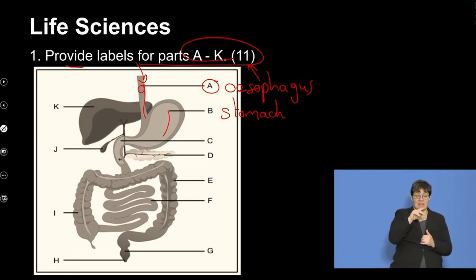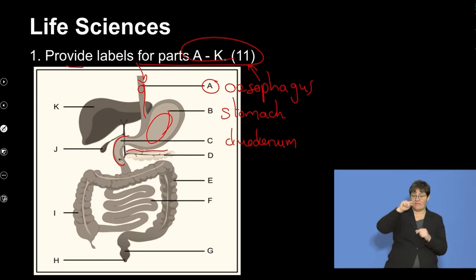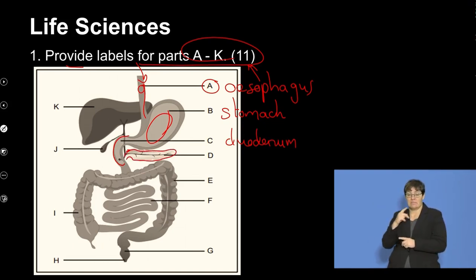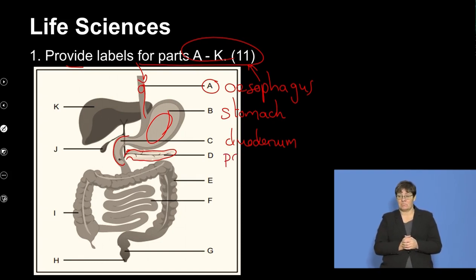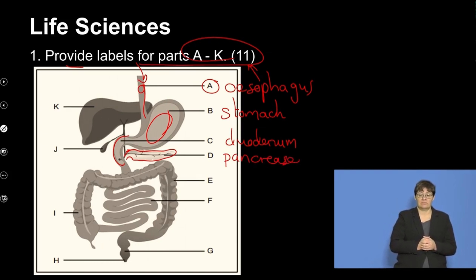The food then mixes with enzymes and moves into part C, which is the duodenum, the first part of the small intestine. This leaf-shaped organ, which plays an important role in the production of enzymes and hormones, is called the pancreas. That's the pancreas here, which produces hormones as well as enzymes.